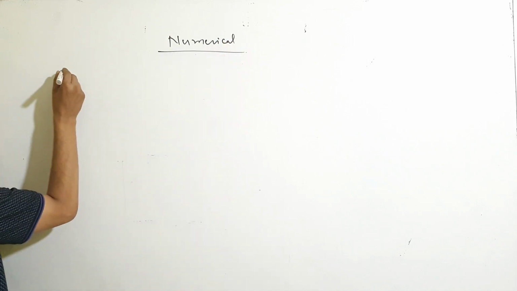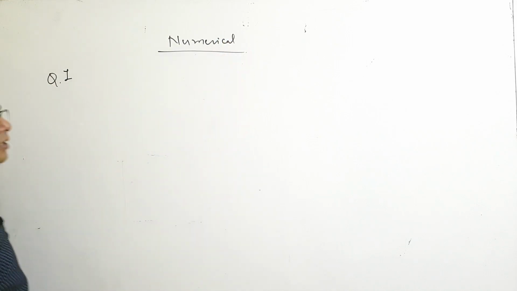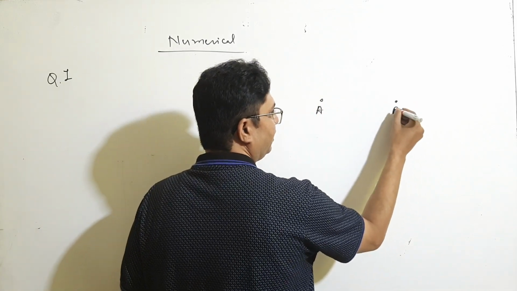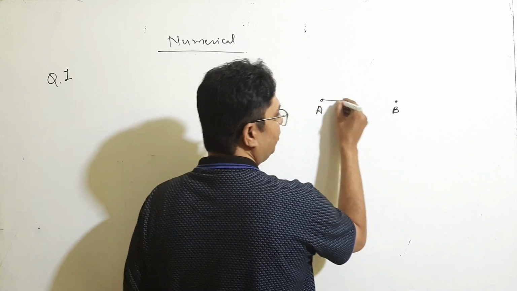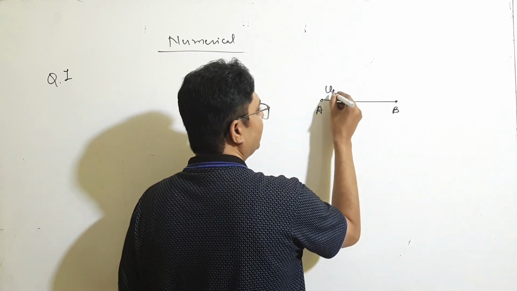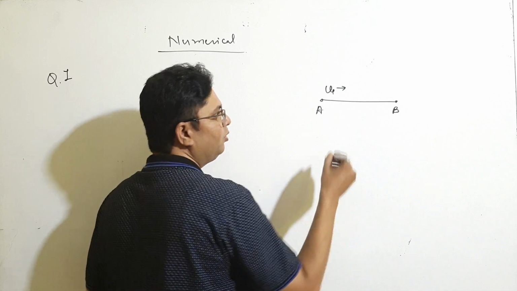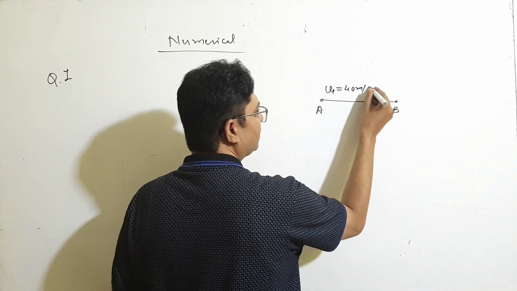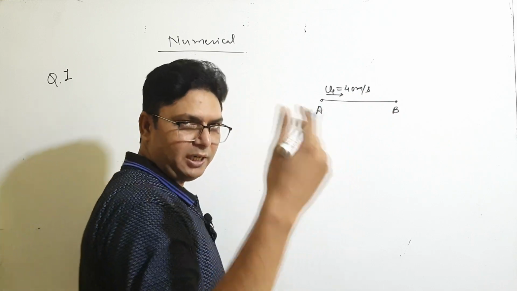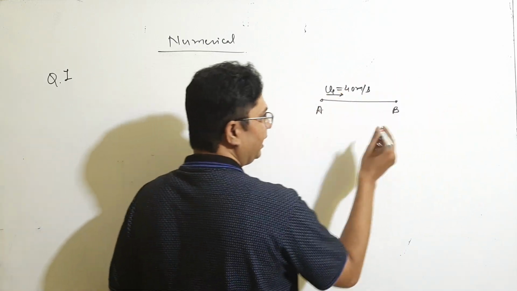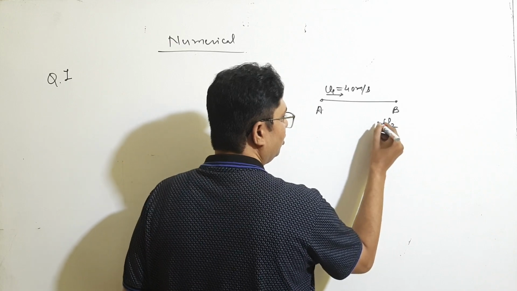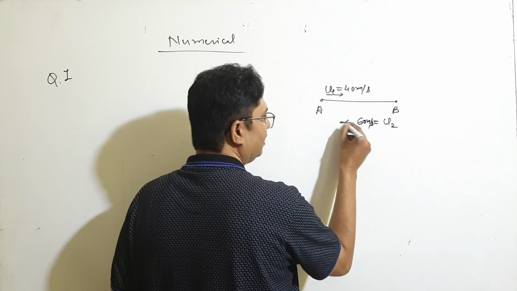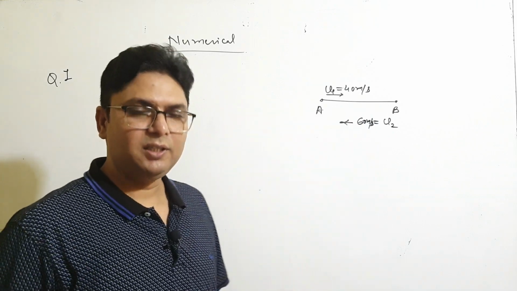Our very first question for you is, suppose here is a point A, here is a point B. You are moving from A to B with a speed u1, which is equal to 40 meter per second. After reaching B, you come back to A with a speed u2, which is equal to 60 meter per second. Then what will be the average speed?